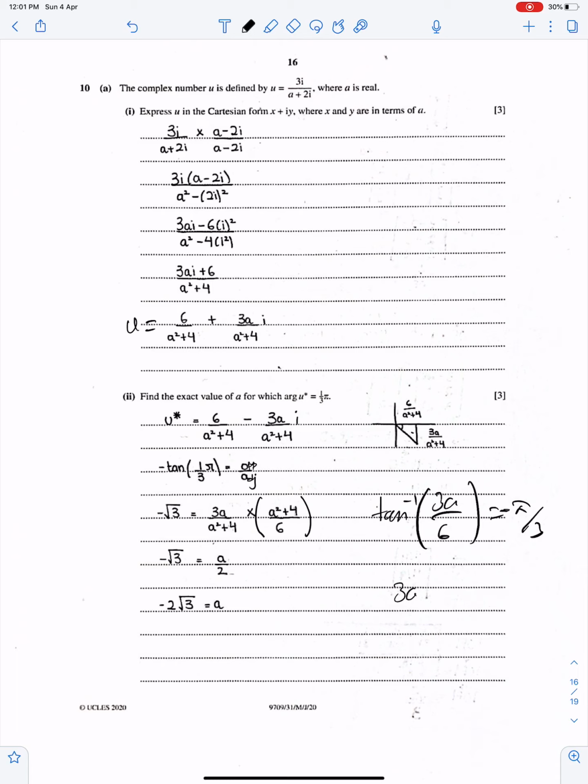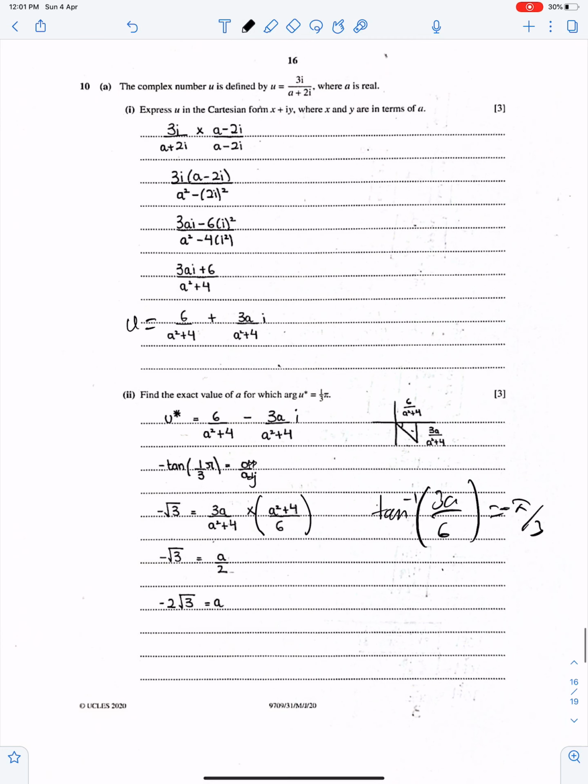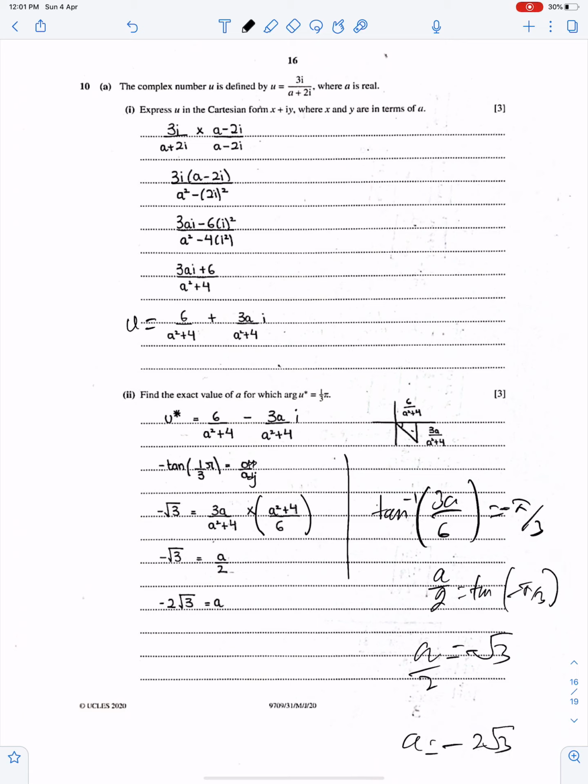So this must be a upon 2, tan, sorry, this is tan of minus pi by 3. So this will become minus root 3. So a is minus 2 root 3. So this is the other way. Both methods are fine. This is the easiest way.